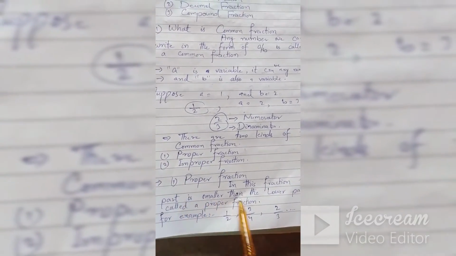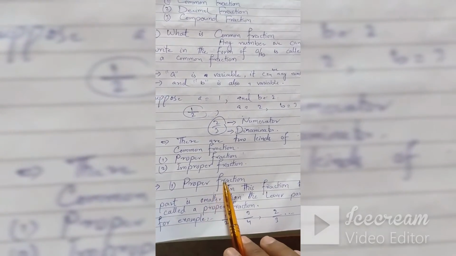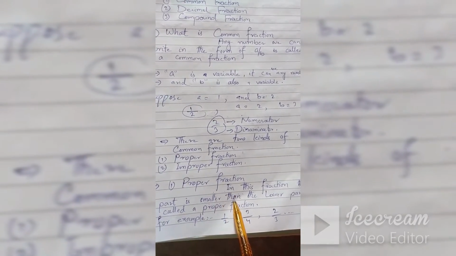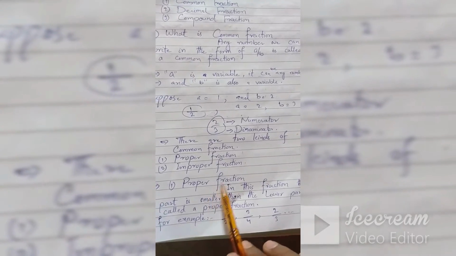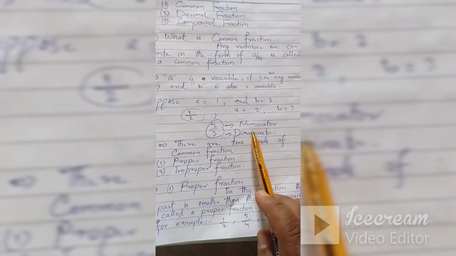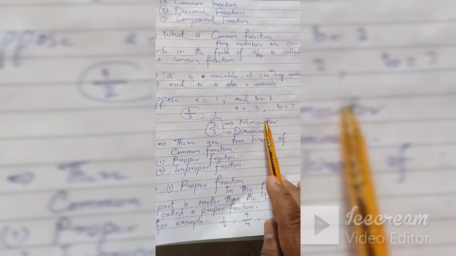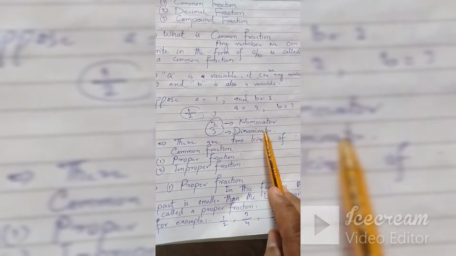We can say in a proper fraction the numerator is smaller than the denominator. So we have already understood what is numerator and what is denominator. Numerator is the upper part of the fraction and denominator is the lower part of the fraction.